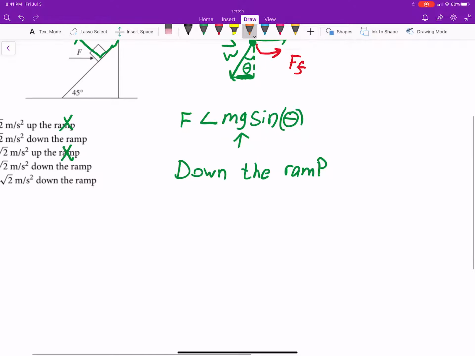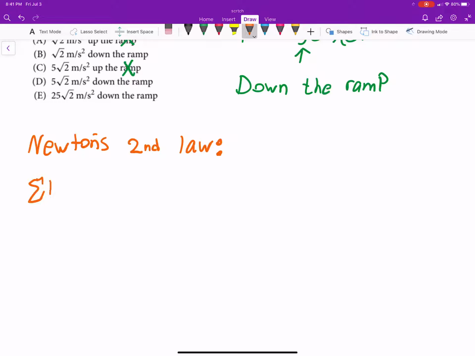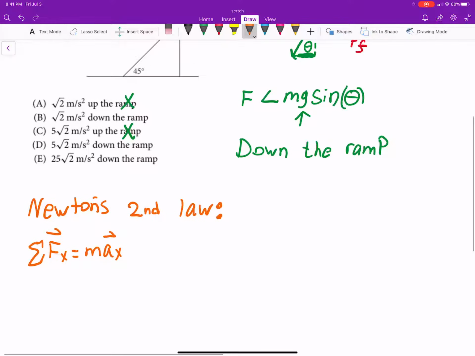Okay. Now we can utilize Newton's second law. We'll just do the sum of forces in the x direction is mass times acceleration in the x direction, where the acceleration is what we're ultimately looking for.